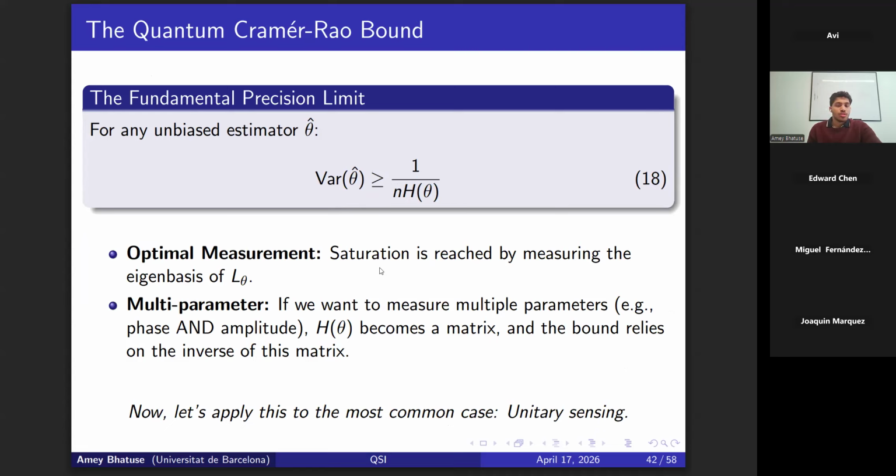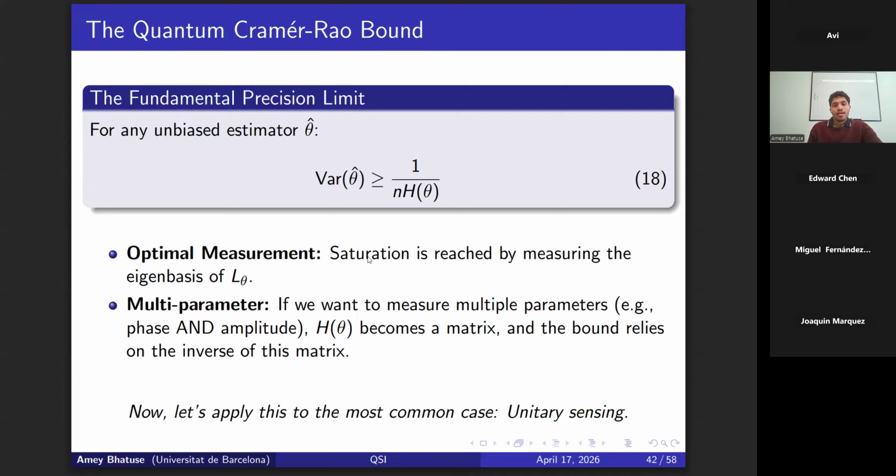The optimal measurement is the one where you measure along the eigenbasis of L theta, because L theta is the direction in your state space that gives the maximum rate of change with respect to the parameter. So it gives us the most precise estimate of our parameter.